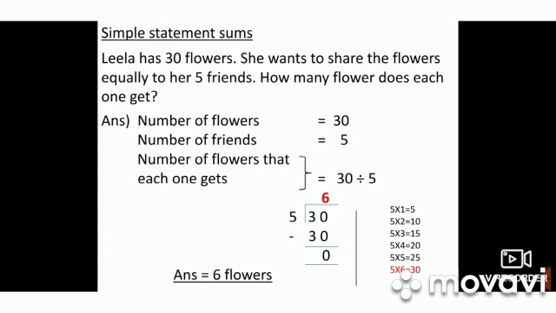Take the divisor outside because it is a multiplication table. Start doing the multiplication table at the side till you are getting 30. At what time do we get 30? It is 6 times. In the 5 tables, at 6 times you get 30. So 5 sixes are 30. When you subtract you get 0. So the answer is 6 flowers. It means each one got 6 flowers.